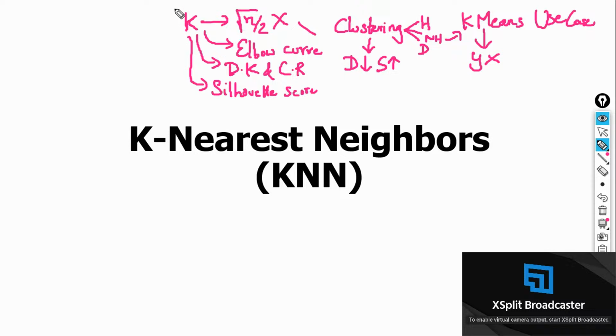Once the k value is fixed, the actual k-means algorithm starts. What is the first step in the working principle of k-means? The first step is initializing k centroids.